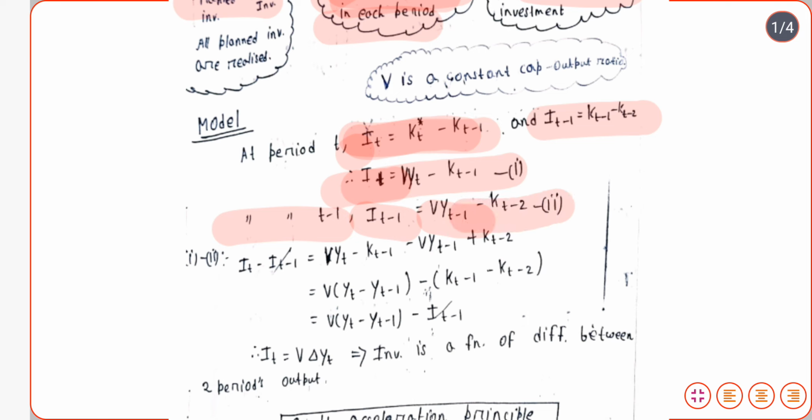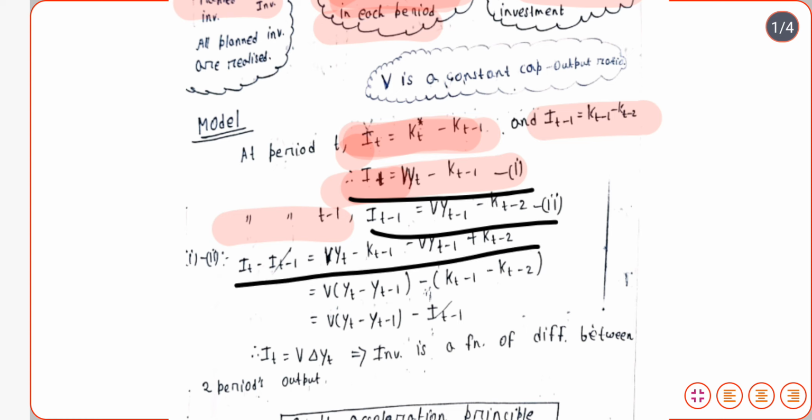Now if we subtract this equation and this equation, and take v common, we get v into yt minus yt minus 1, minus kt minus 1 minus kt minus 2. I have written here also that it minus 1 is equal to kt minus 1 minus kt minus 2.